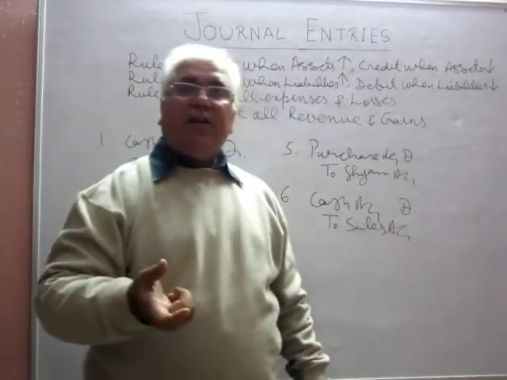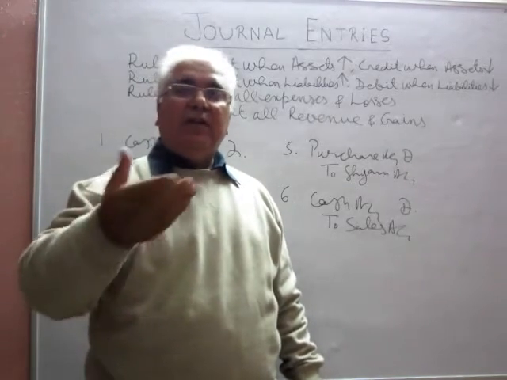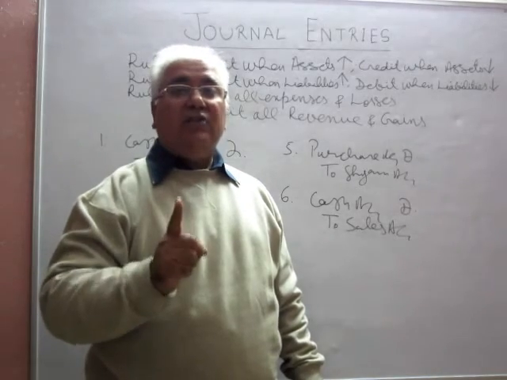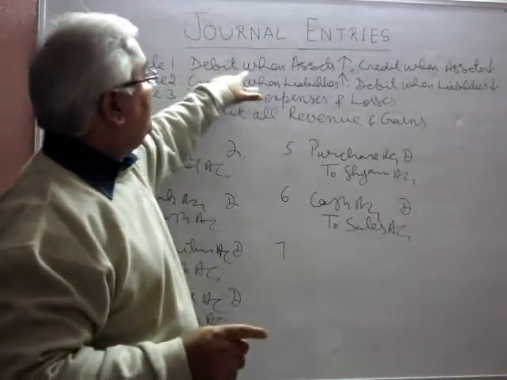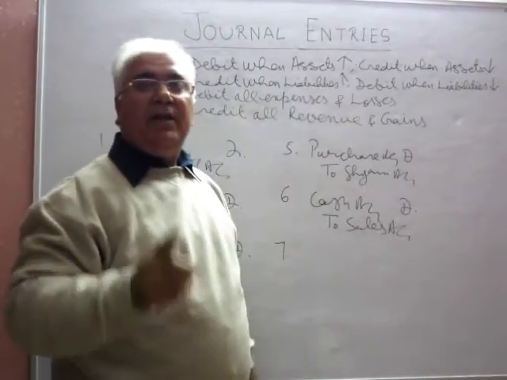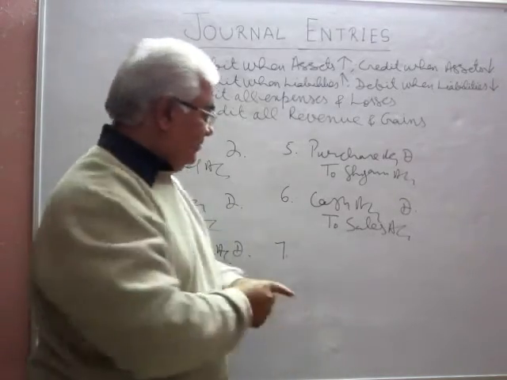Now Naresh account is an asset for us, because later on we have to receive money for goods sold to him. So Naresh account is now an asset for us, and the rule for assets is debit when assets increase. So in this case, Naresh account will be debited and sales account will be credited.